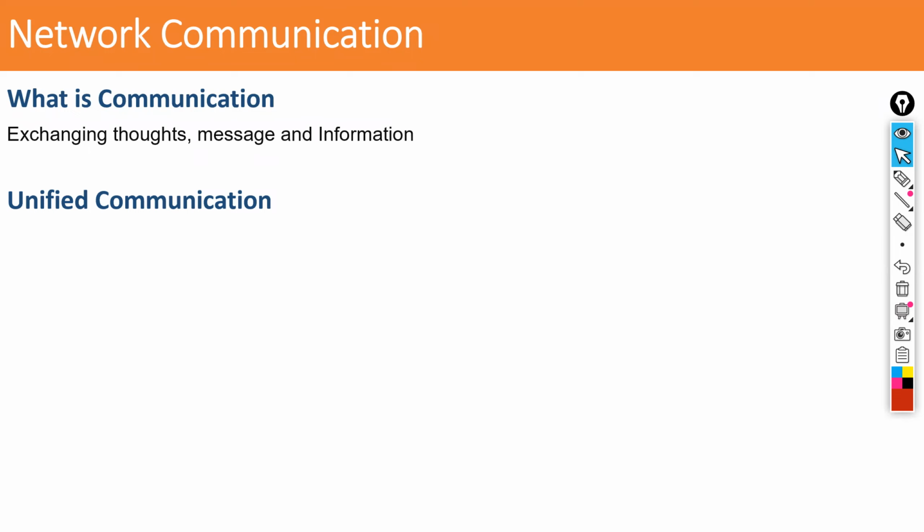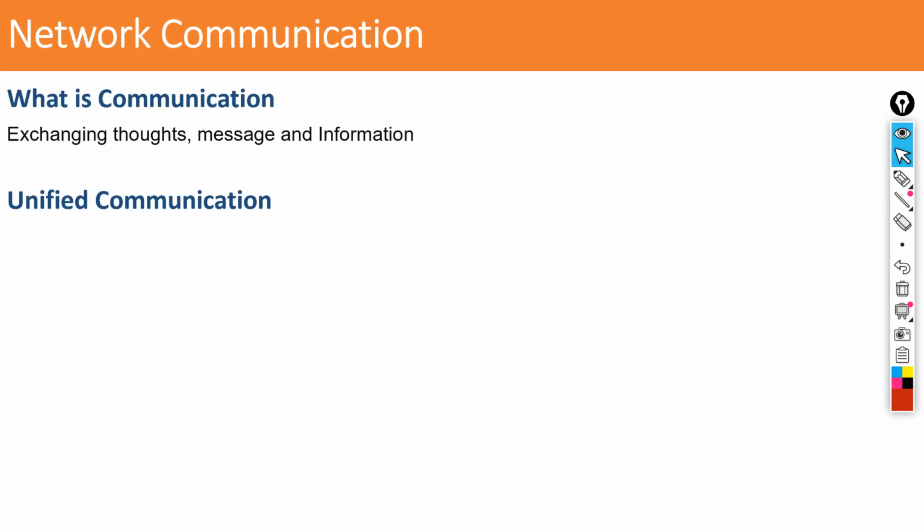That's the reason there is a scheme. To combine all these three communications, we call it unified communication. In networking, we have three types of communication: voice, video, and data, but all are different.